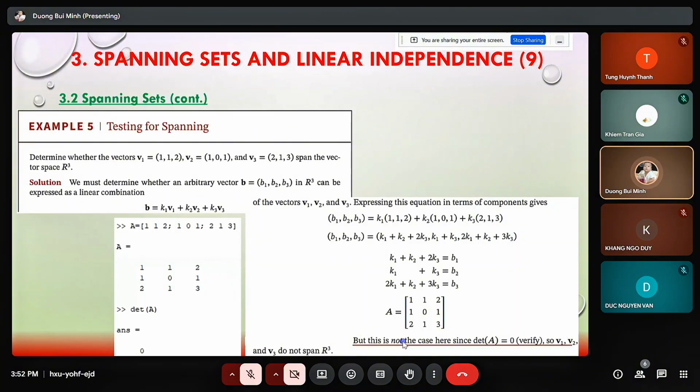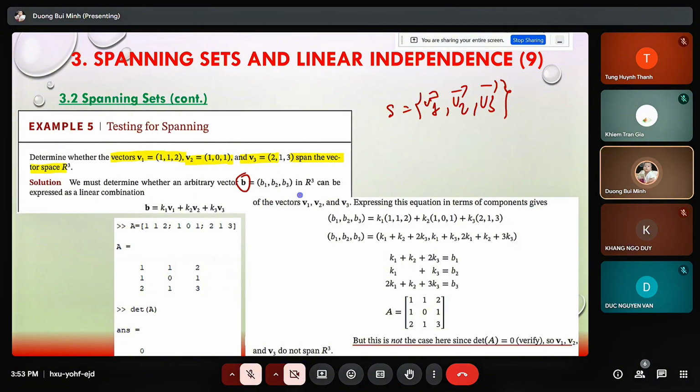Maybe one more example, and then we can stop. Determine whether the vectors v1, v2, v3 span vector space R3. So we say we have the set S containing v1, v2, and v3.